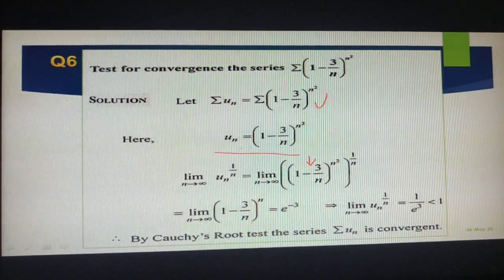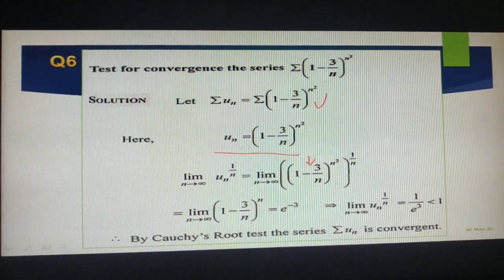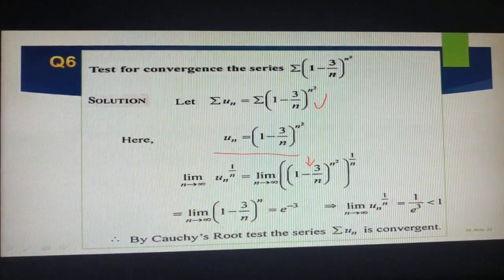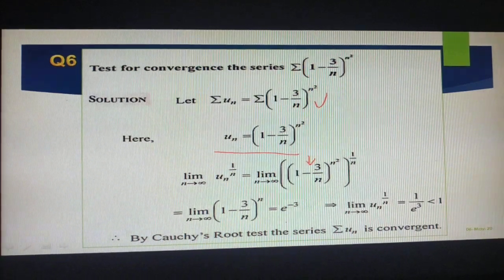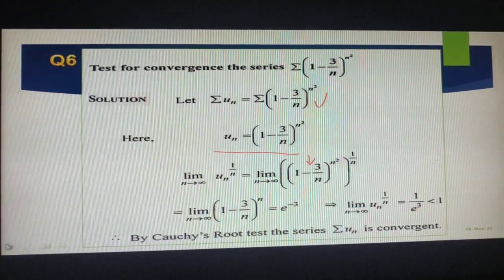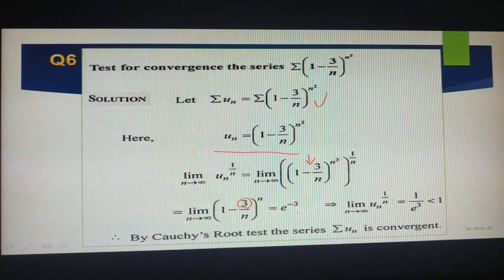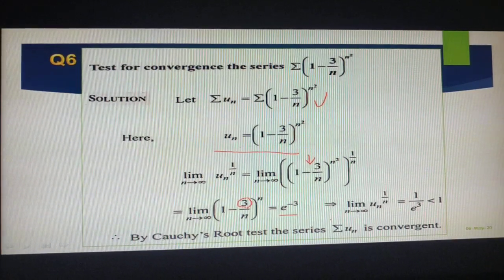As you know, that equals e power, so when you have a plus here, that will be the e value. When you have a minus, that will be 1 by e, and whatever number is there, you take it in the power. So e power minus 3 as per the formula.